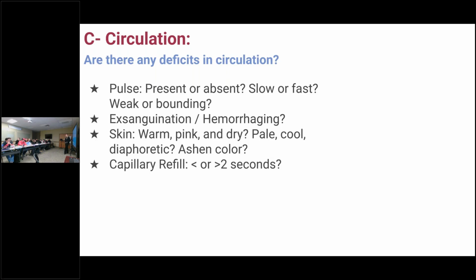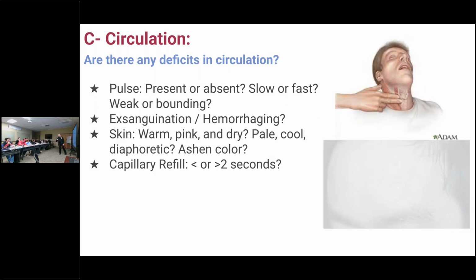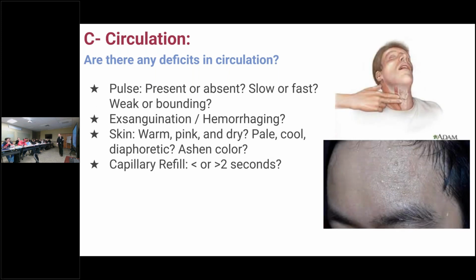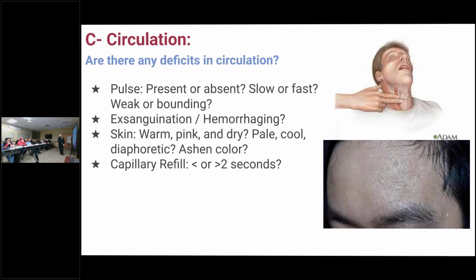Should the cap refill be less than or greater than 2 seconds? Less than 2 seconds. That means they're perfusing well throughout the body, all the way to the extremities. That's an example of that cool, pale, diaphoretic, kind of ashen color and skin condition there.